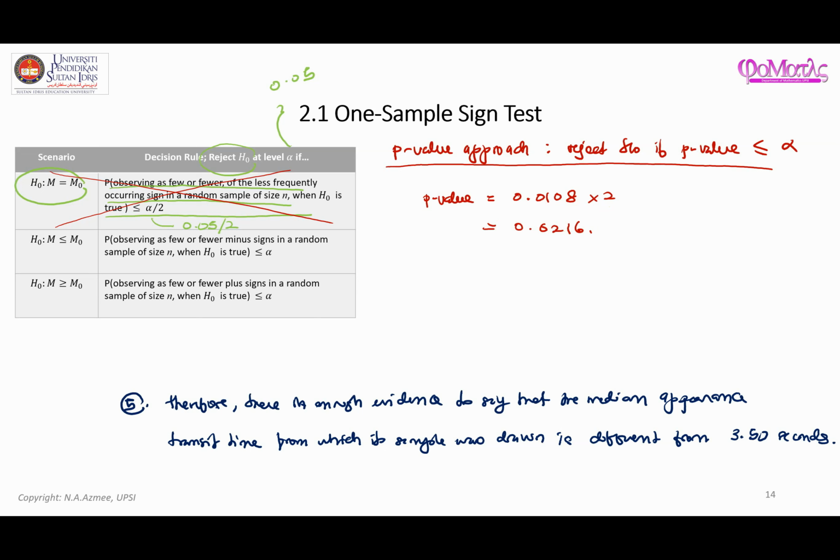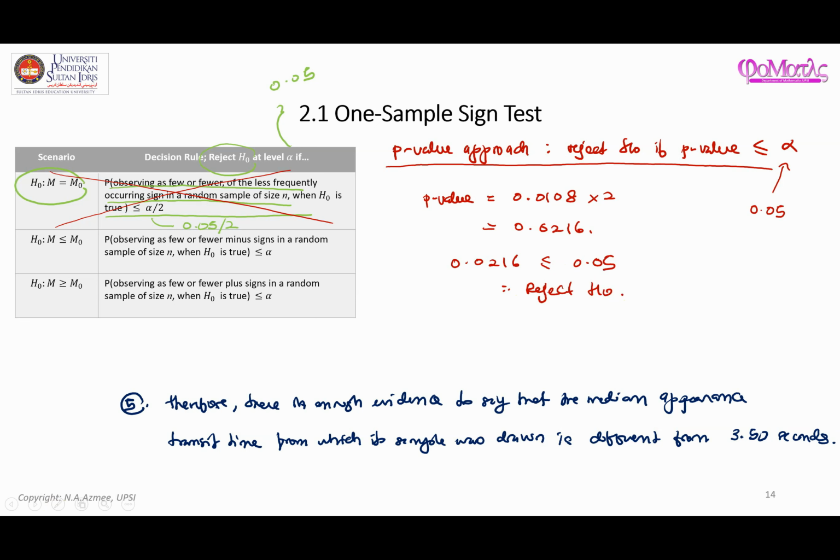So compare that value with alpha. In this case, our alpha is 0.05. Therefore, 0.0216 is less than 0.05. Therefore, you will reject H0. So that is based on the p-value approach. That's another alternative process that you can consider.